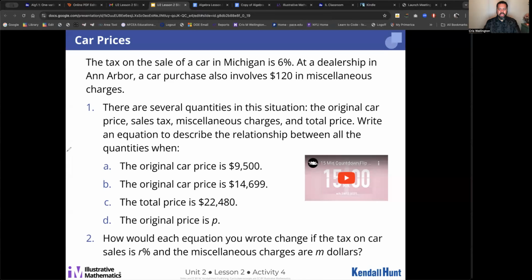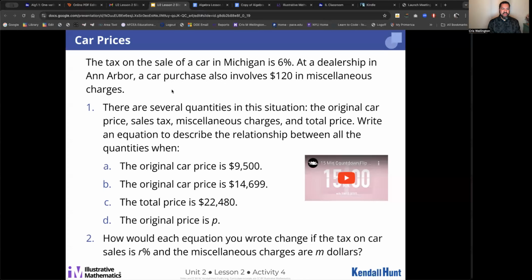So it's a situation about car sales. Let's say you're purchasing a car, and let's make the total price, or the final price, I prefer the term final price, that's what you're paying.